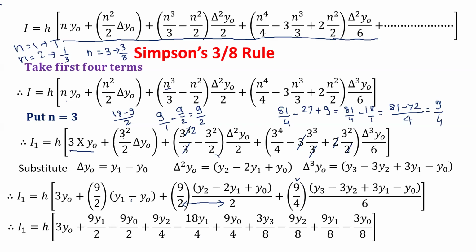Now here we have 3 2s are 6, 3 3s are 9, and 3 2s are 6. Then we have 4 2s are 8. So 9 by 8 y3, sorry, 3. So we have 3 by 8. So 3 y3 by 8, minus 9 y2 by 8, 9 y1 by 8, and minus 3 y0 by 8.